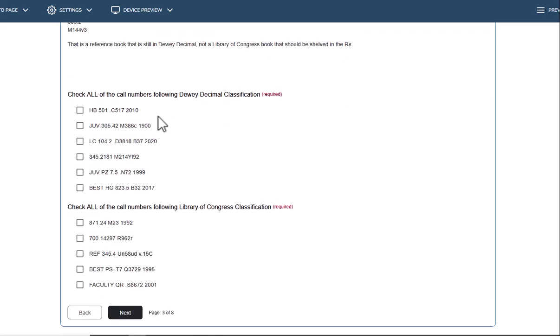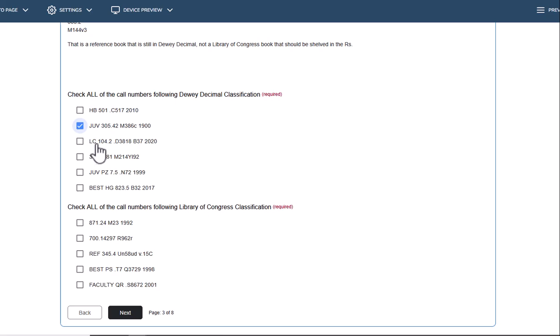And then moving on to the questions, we're looking for Dewey Decimal. Here we have HB, letters, that's going to be Library of Congress. Here we have JUV, letters, but that stands for juvenile. That is not a Library of Congress classification. So JUV, and then the thing following it is a 3-digit number. That means that this is indeed Dewey Decimal.